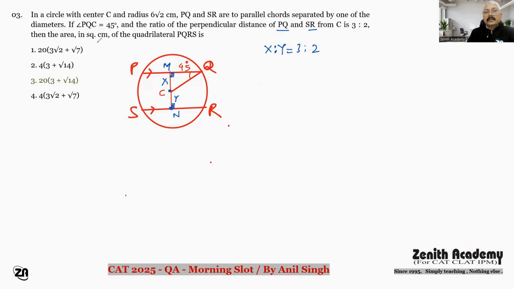Then the area in square centimeter of the quadrilateral PQRS, we have to find here the area of this.